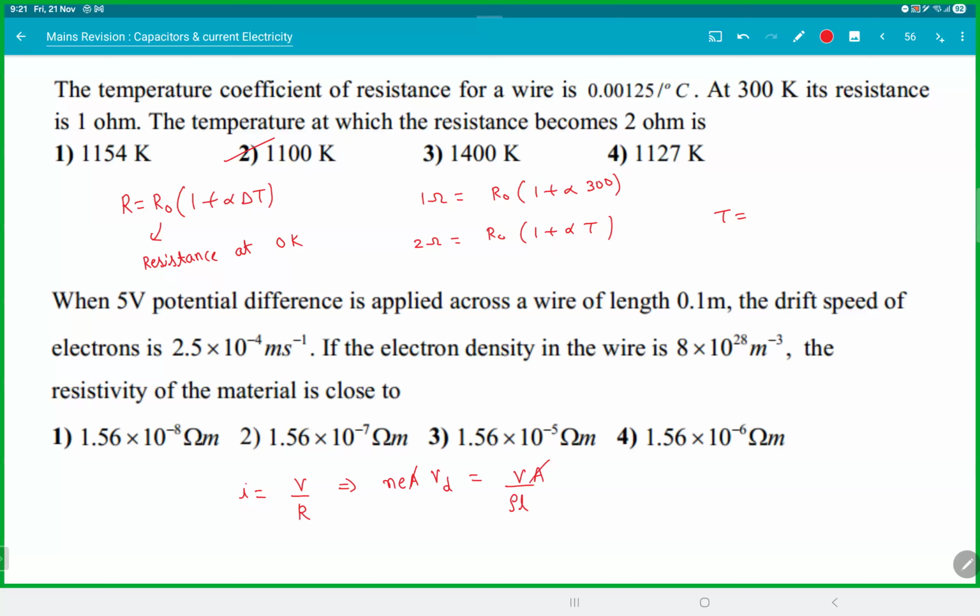I know the value of n, I know the value of e, I know the voltage, I know the length, I know the drift, I know everything. Get rho from here. Easy? Again, not tough, slightly different. It will not be only equations and stuff every time. Next thing.